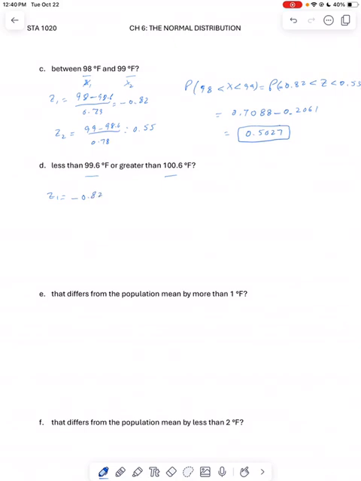What is z2? No, wait a minute. No, z1 is different. Okay, sorry. We have to recalculate the z1.